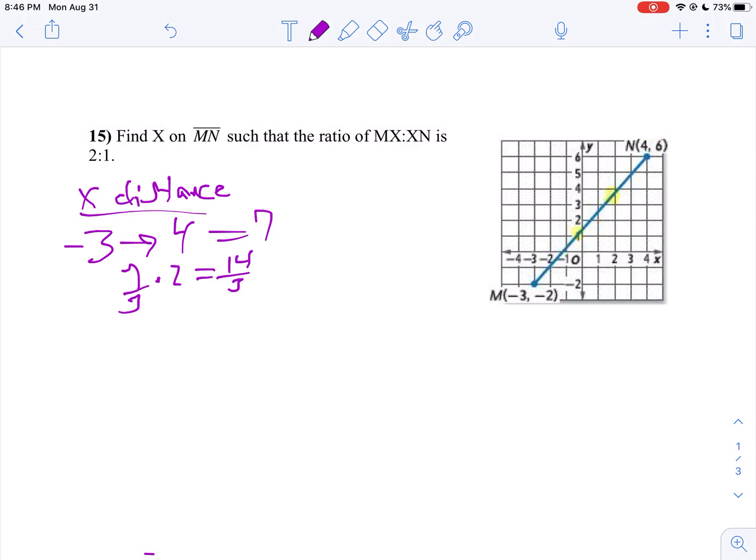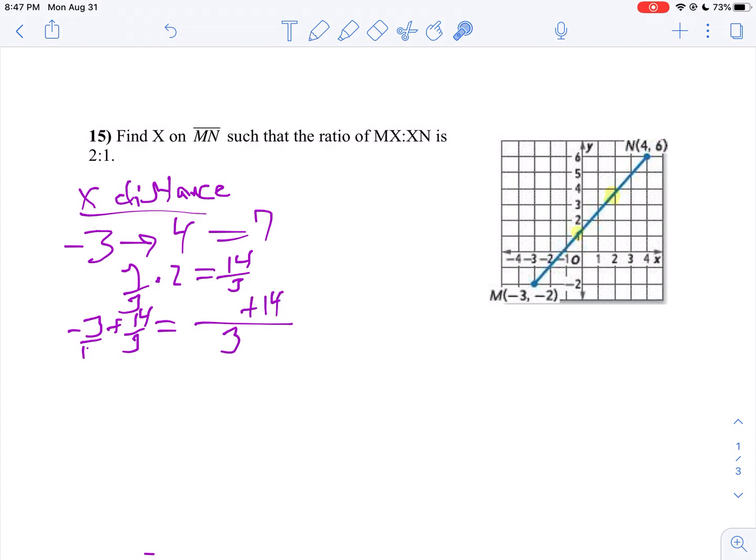Notice if I start at m and I go to x, I'm going to the right. So I'm going to add. So I'm going to take -3 plus 14/3. Now we need a little review of pre-algebra. In order to add fractions, you need a common denominator. Right now it's -3 over 1. So your common denominator is 3. So the 14 does not change.